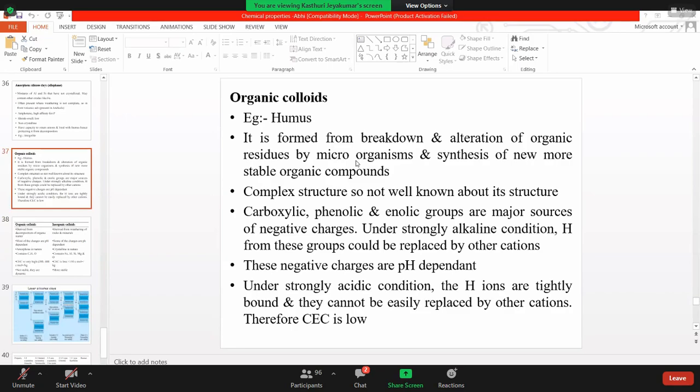Under strongly alkaline conditions, hydrogen from these groups could be replaced by other cations. These negative charges are pH dependent. Under strongly acidic conditions, the hydrogen ions are tightly bound and cannot be easily replaced by other cations. Therefore, cation exchange capacity is low.